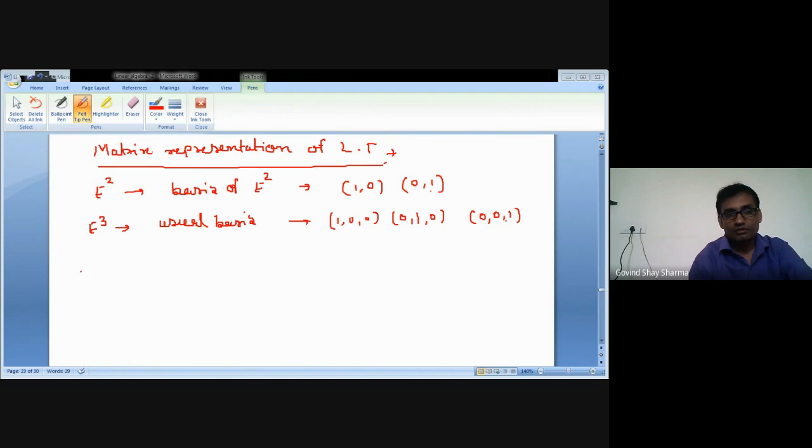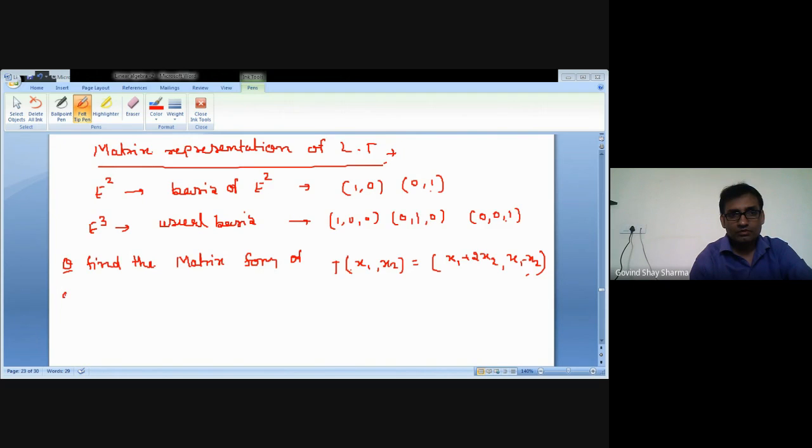Now find the matrix form of T, where T(x1, x2) is equal to (x1 plus 2 x2, x1 minus x2).